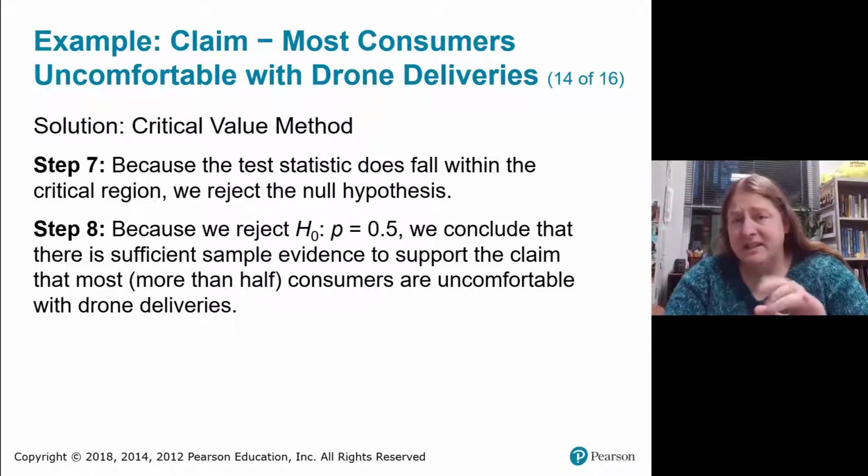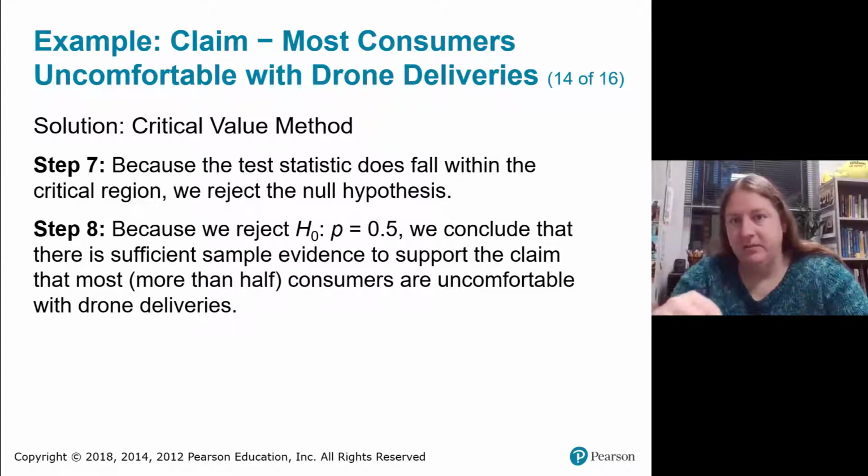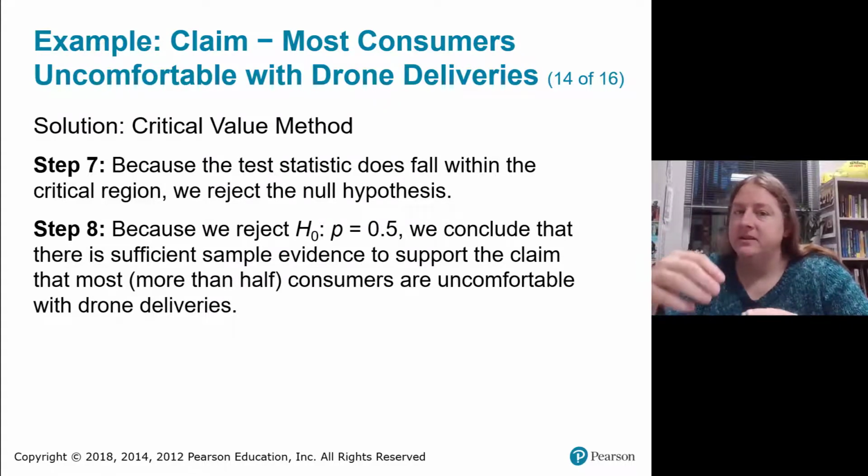So it's really steps 6 and 7 that are different between the two, and they're both doing basically the same thing using the table. Just the p-value method goes from a test statistic to find a probability, and then compares the probability to our significance level.